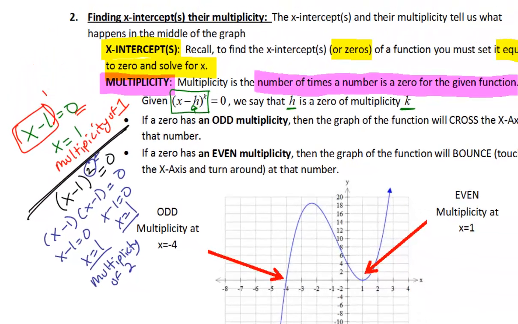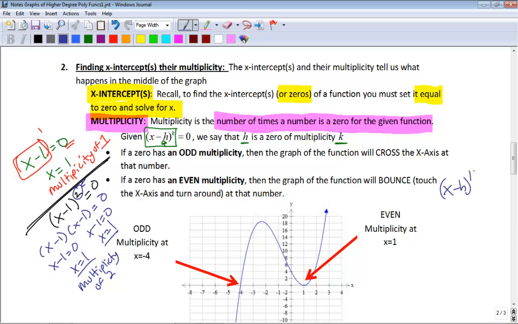So again, x minus h raised to the k power equal to 0. Notice that all these things are being equal to 0. Well, that tells me that h is going to have a multiplicity of k. So multiplicity again means just how many times your number is a 0, is a solution, is an x-intercept for that function. All right, well, why does that matter?